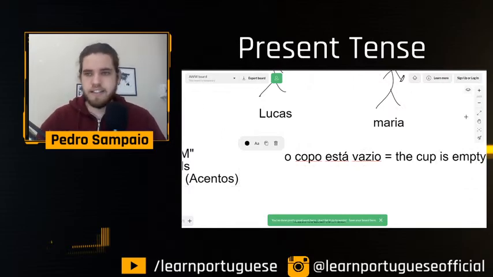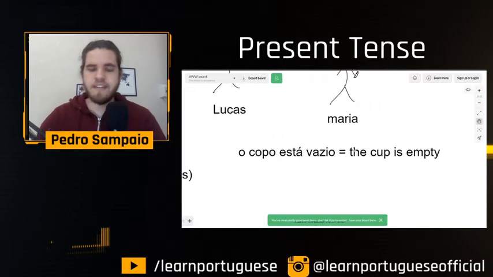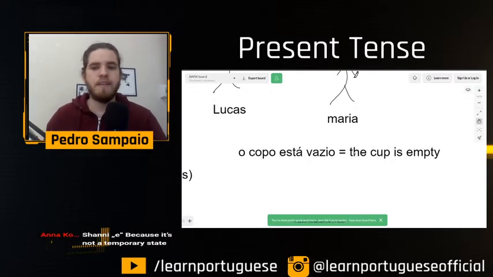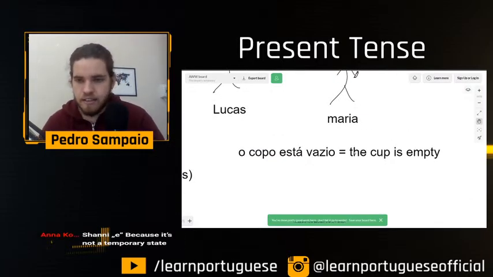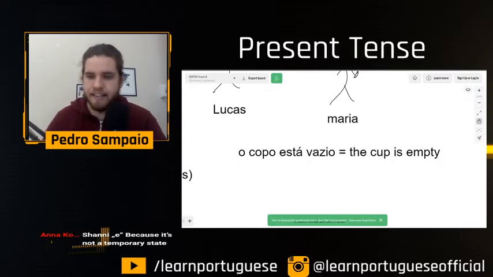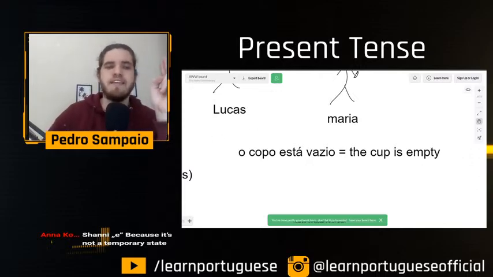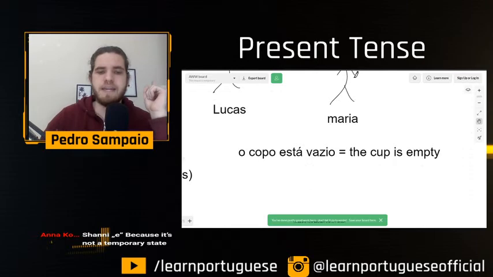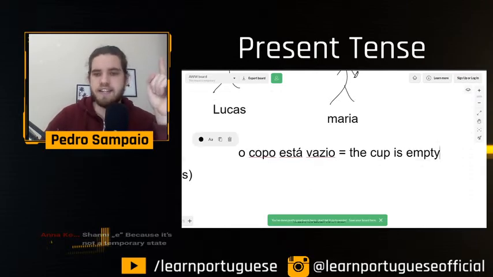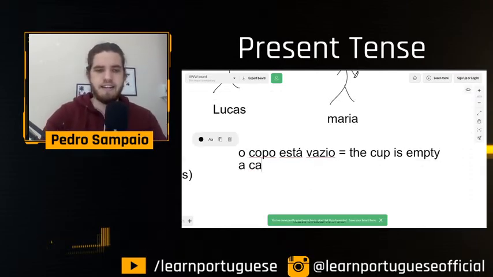The verb here in this question, in case you don't know yet, we have two verbs to be in Portuguese. Yeah, Anna kind of answered already. She said it's because it's not a temporary state, and that's it. We have two verbs to be in Portuguese, the verb ser and the verb estar. So on the first sentence, let's say a caneta é vermelha, so the pen is red.